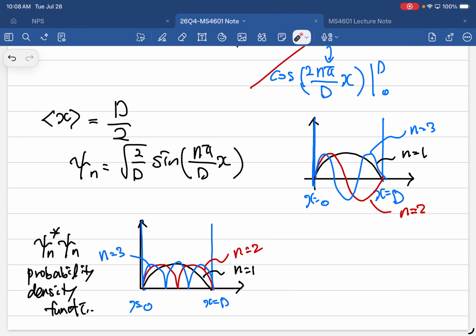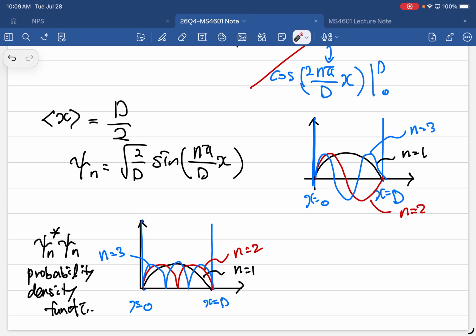Again, symmetrical around the center. So this is why the average value, or expectation value, is exactly at the center, and it doesn't matter which n you are dealing with. Regardless of n, it's going to be symmetrical around the center point in terms of probability distribution. Does that make sense?